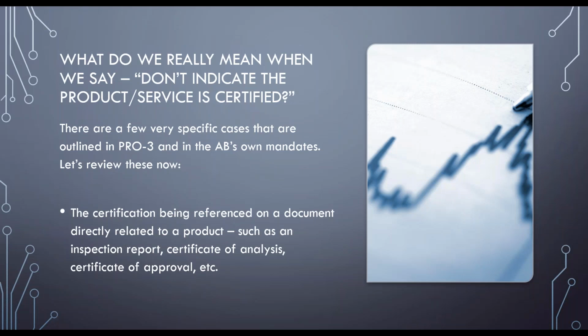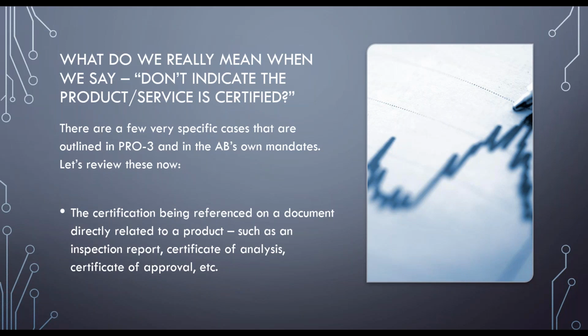Now, we mentioned earlier that you can't say that the product or service is certified. So there's a couple of very specific cases that are outlined in PRO-3. And I want to reference these in turn here. You cannot reference the certification on a document that's directly related to a product.